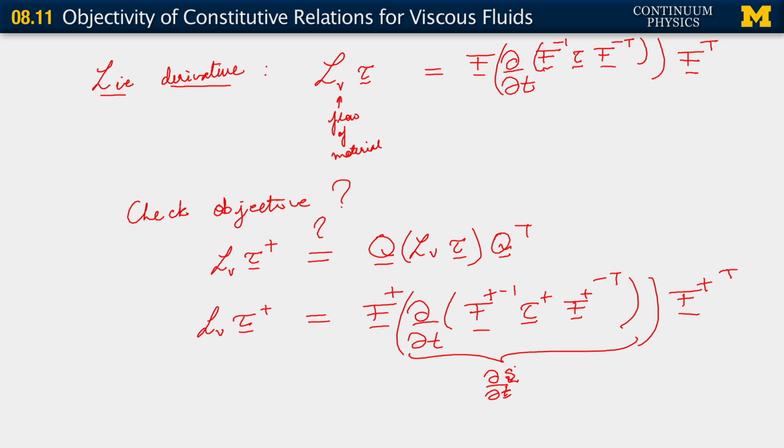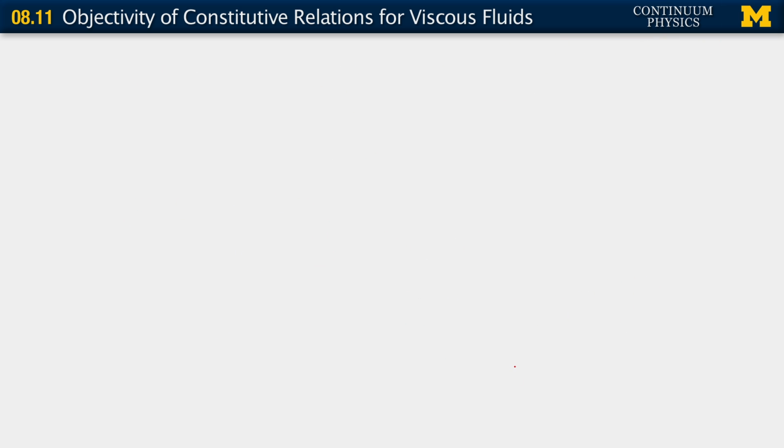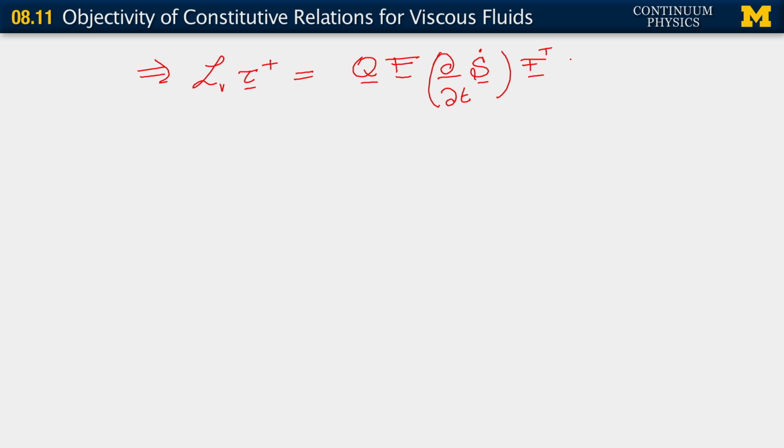Okay? Well, so now when F plus and F plus transpose act upon it, since F plus is QF, F plus transpose is F transpose Q transpose.